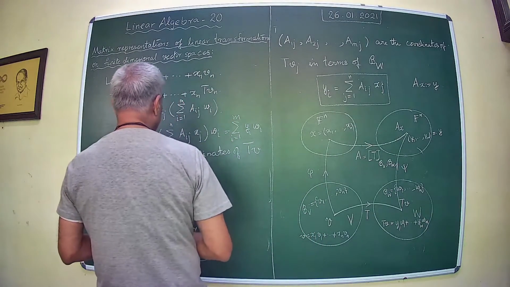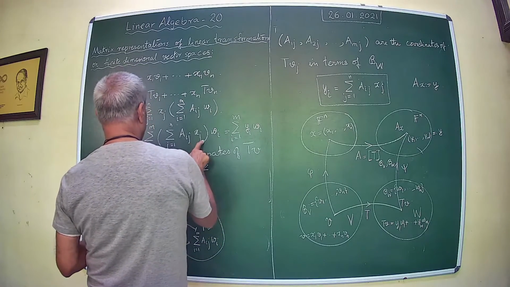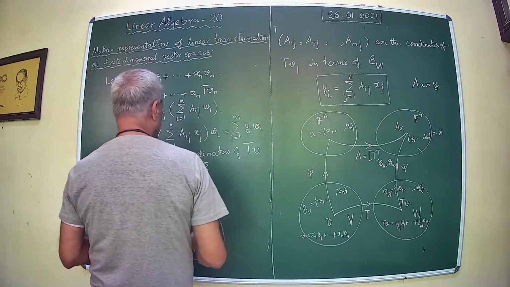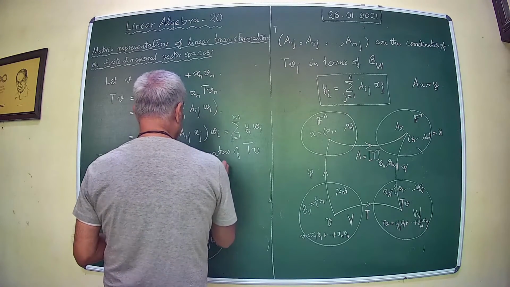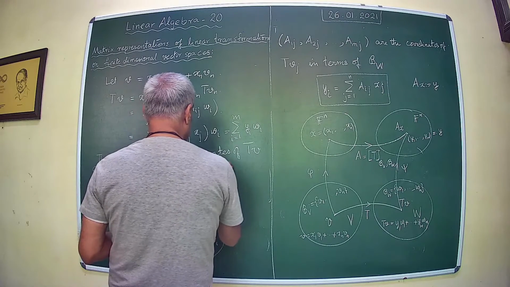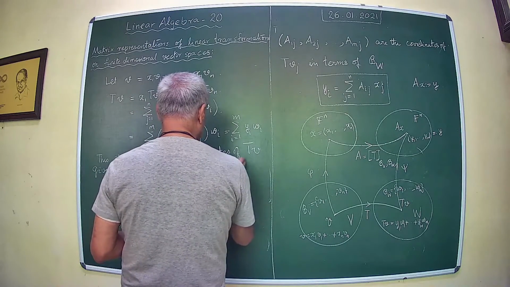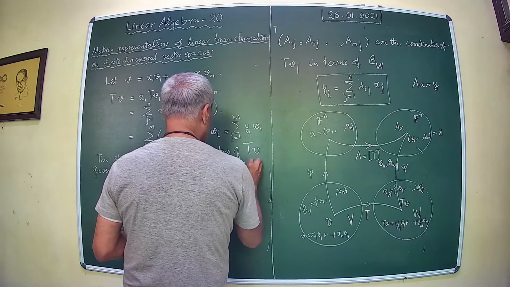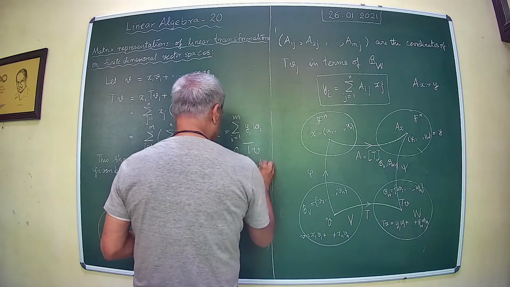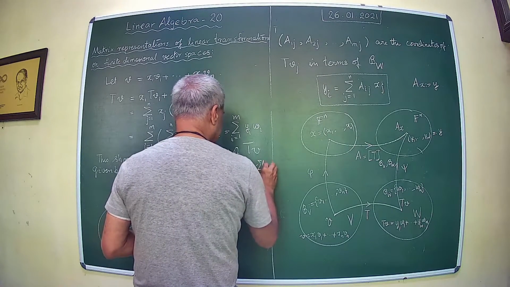What is that you have? You have j running from 1 to n and i is 1. So sigma a1j xj, sigma a2j xj, up to sigma amj xj.